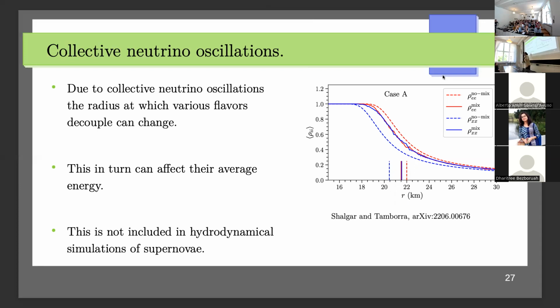There are many papers saying what will happen to the energy spectra due to flavor evolution, and many of them disagree with each other. So we will need to figure out how the energy of the neutrinos evolves as a function of time at the moment they are emitted, because you cannot see what is happening inside the core. But the luminosity and the average energy will tell us the role of flavor evolution and how the flavor evolution occurs at the moment of decoupling.